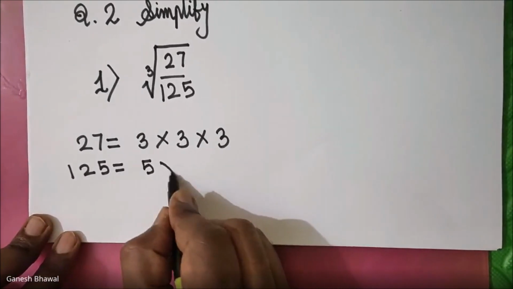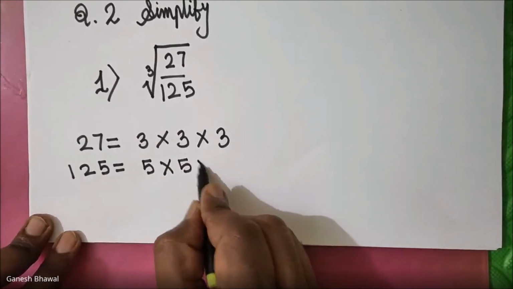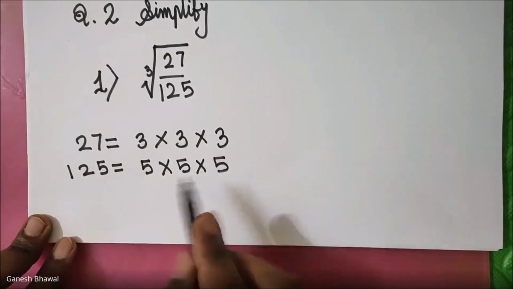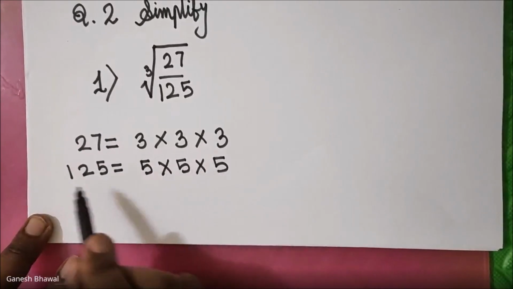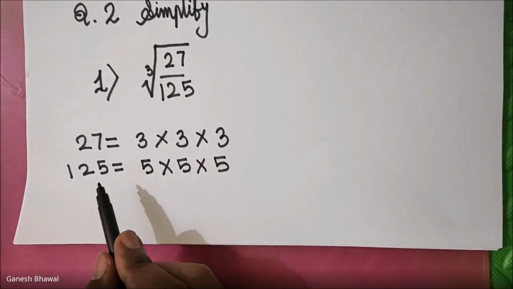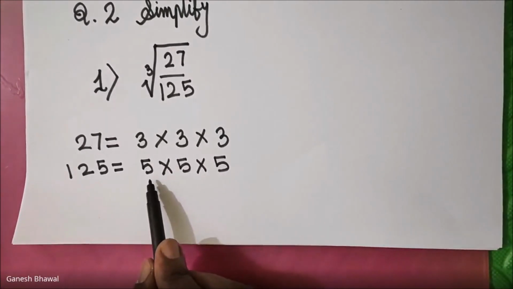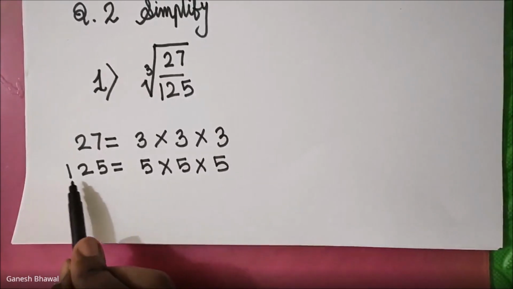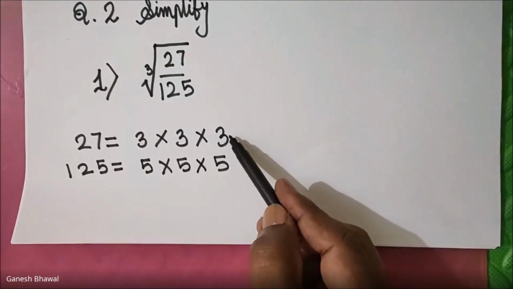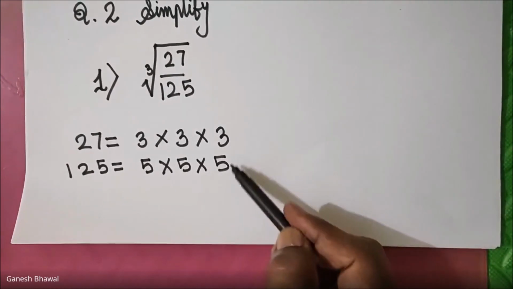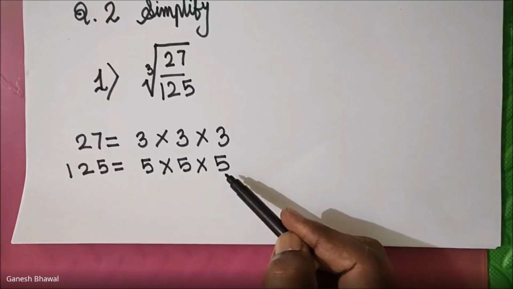So 5 into 5 into 5. 5 5s are 25 and 25 5s are 125. These are the factors of number 125. We got factors for the numerator as well as the denominator.